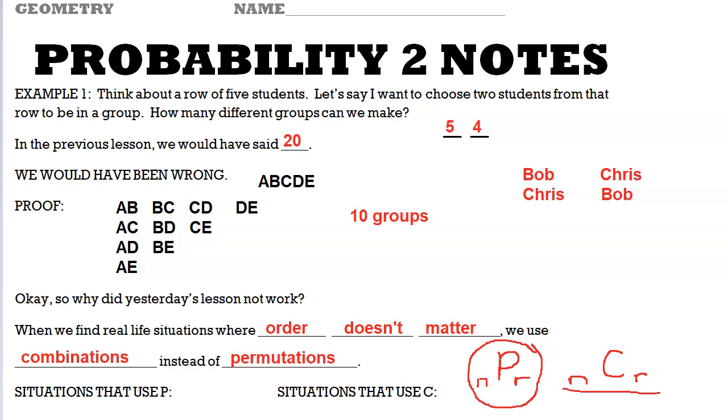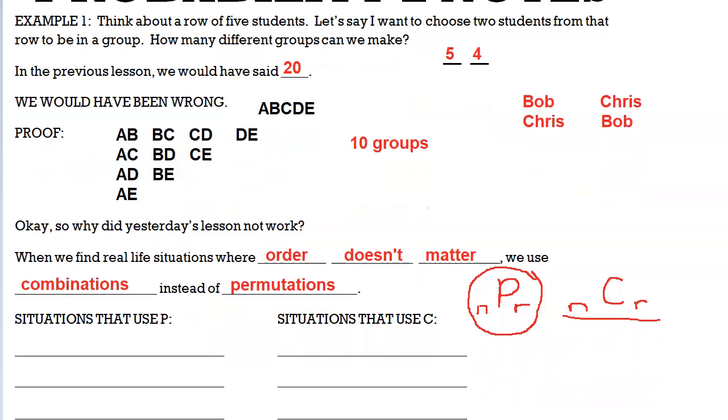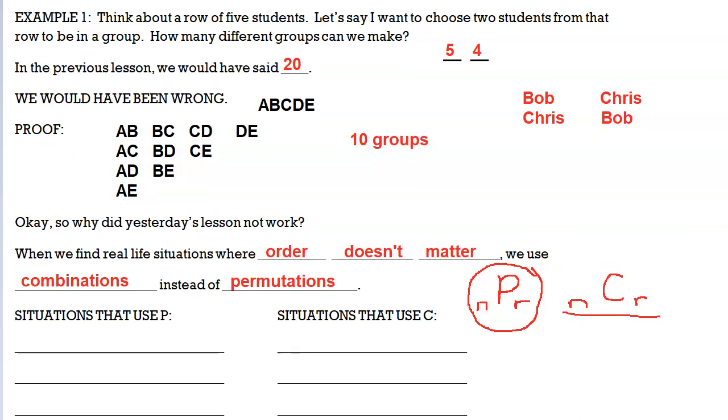Today we are learning combinations. So that's the difference. There are two different types of situation that we have to consider. Okay? So let's talk about situations that use permutations here. Now sometimes they're actually going to use the word order. When order matters, how many different orders can you arrange the books in? That sort of thing. That's a great one.